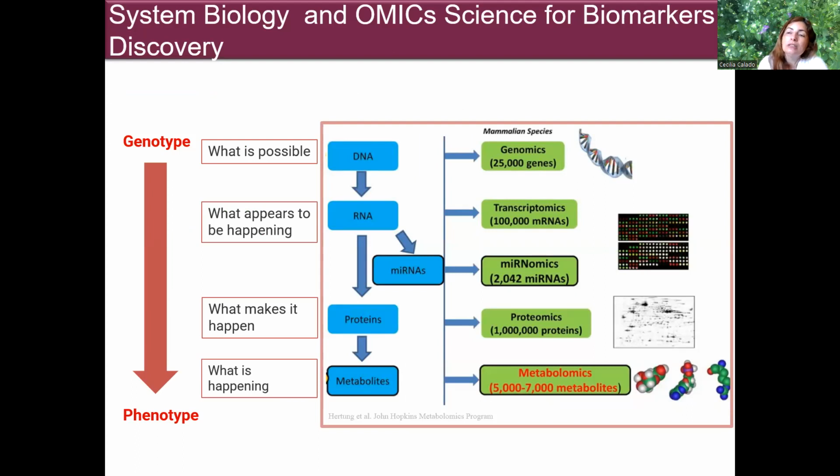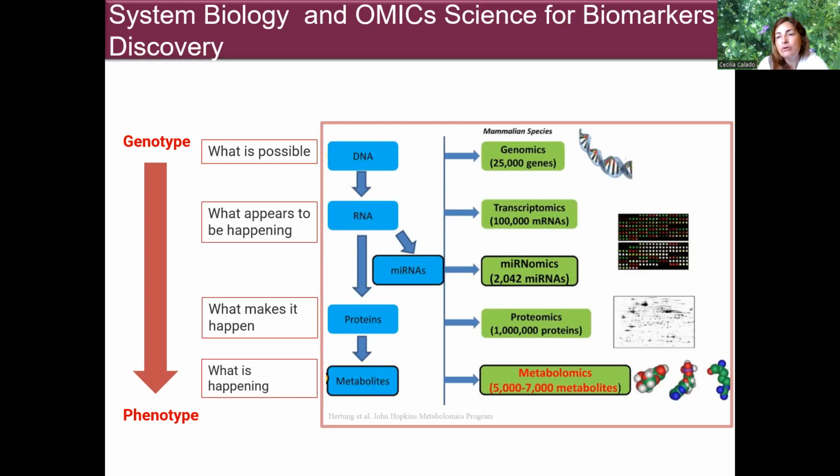So to understand what exactly the cell is doing, instead of looking at the genome, we could start looking at what the cell is doing, like the metabolome or the proteome. So when we go down in the system, we are closer to what the system is really doing.